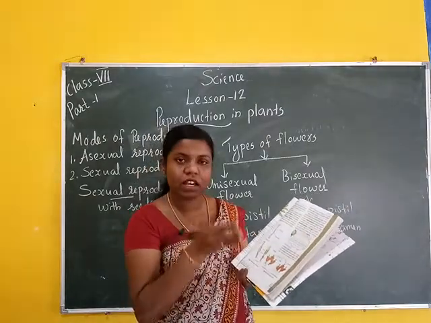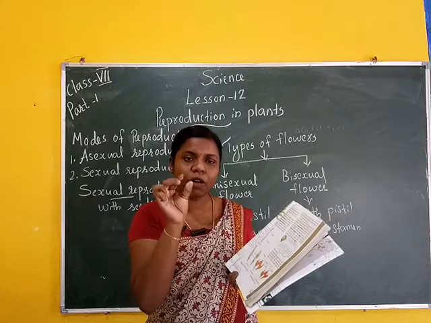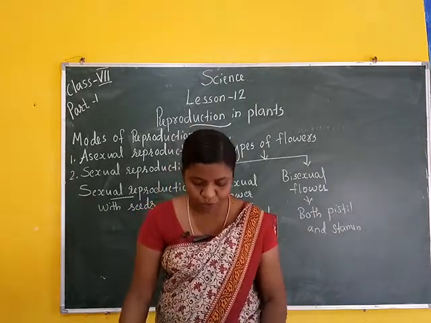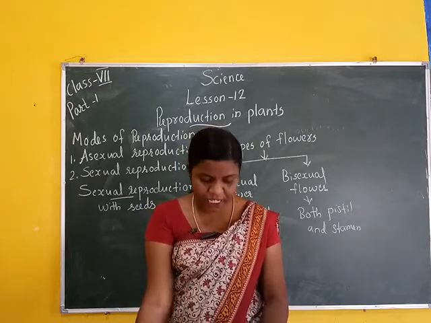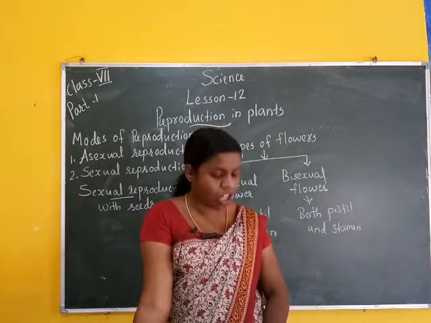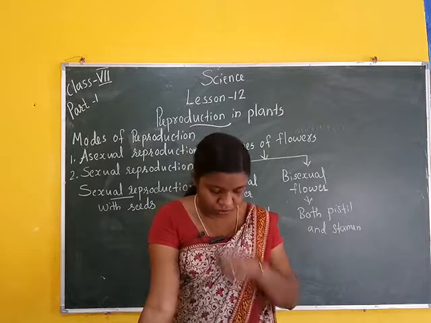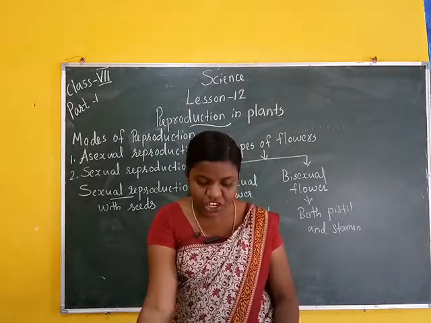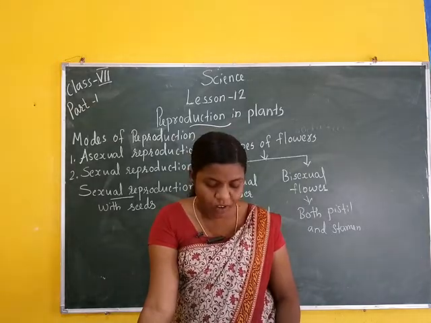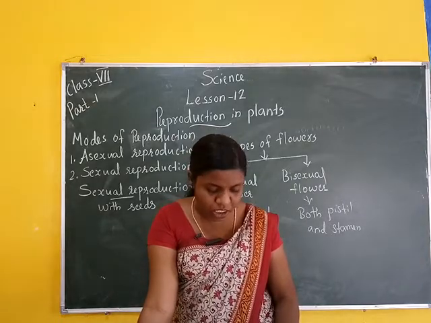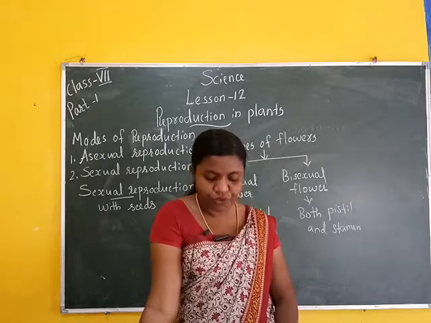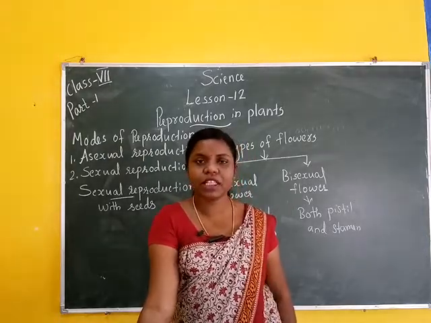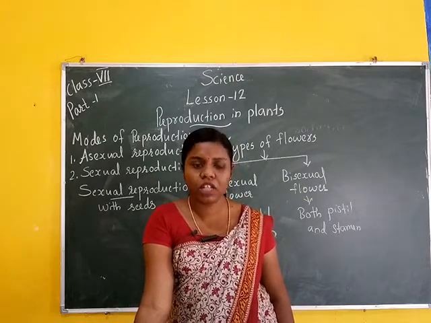When this ovary is cut, there are small bead-like structures inside. These are called ovules. The ovary contains one or more ovules. Ovules contain the female gamete, or the egg.